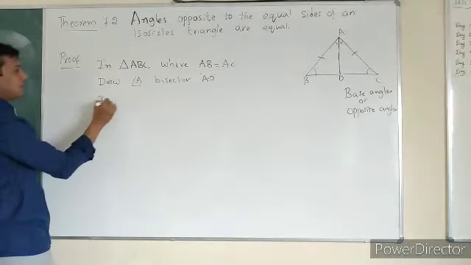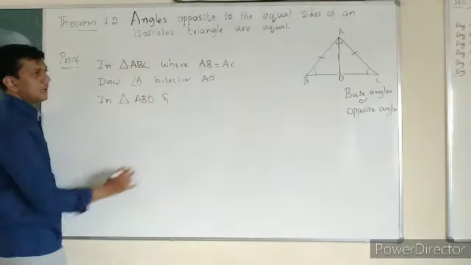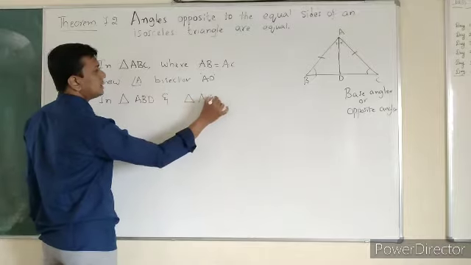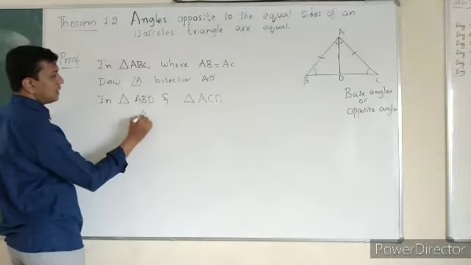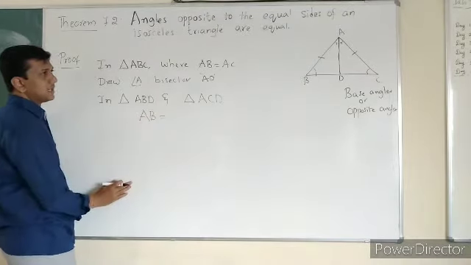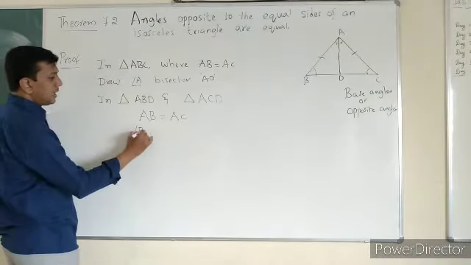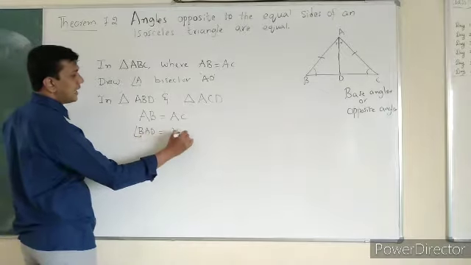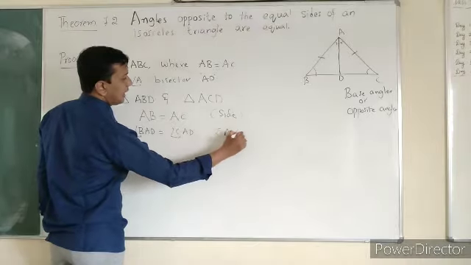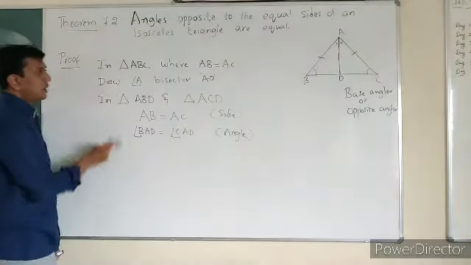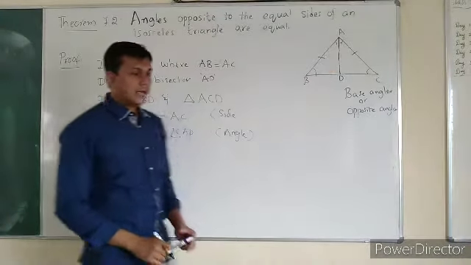Now, when you compare triangle ABD and triangle ACD, some common terms you can see which have a correspondence. AB is equal to AC, as well as angle BAD is equal to angle CAD. This is one side and this is one angle. Why are these two equal? Because of the angle A bisector. That means angle A has been divided into two equal angles now.